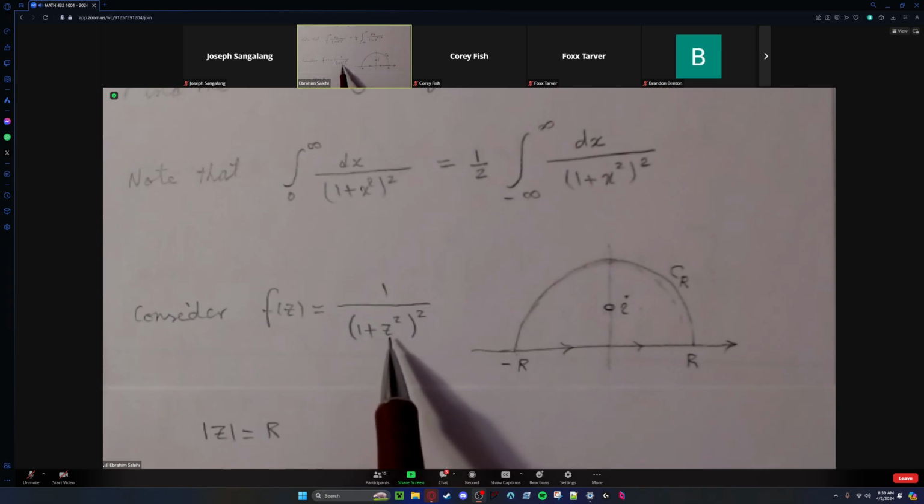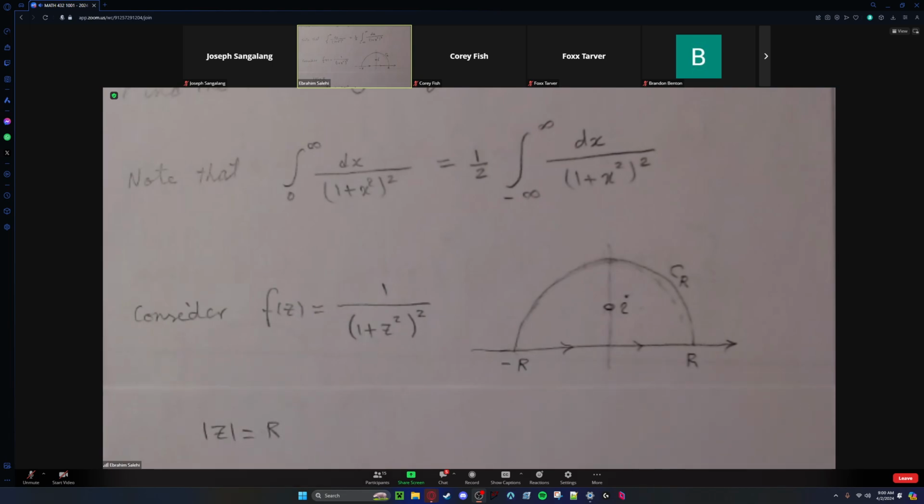Well, this 1 plus z squared modulus is bigger than or equal to modulus of z squared minus 1, right? That's triangle inequality number 2. So it will be here z squared minus 1. And this is r squared, that is when r squared comes in because modulus of z is r.